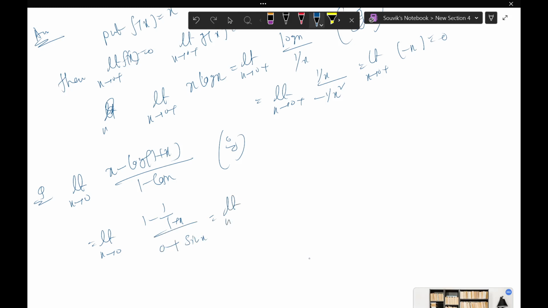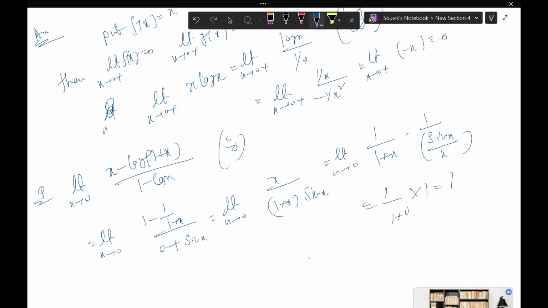So this is limit x goes to 0 of x by 1 plus x times 1 by sin x. Now here we can use the following: limit x goes to 0 of 1 by 1 plus x times x by sin x. So this is 1 by 1 plus 0 into 1. So this is 1. I mean, we have here used the fact that limit x goes to 0 of sin x by x equals 1.